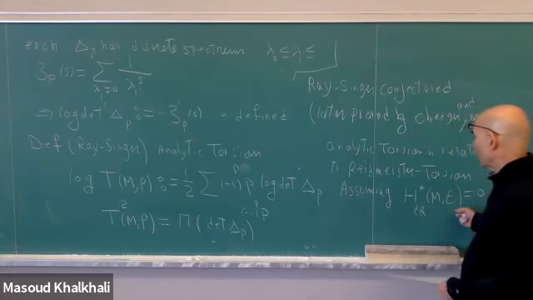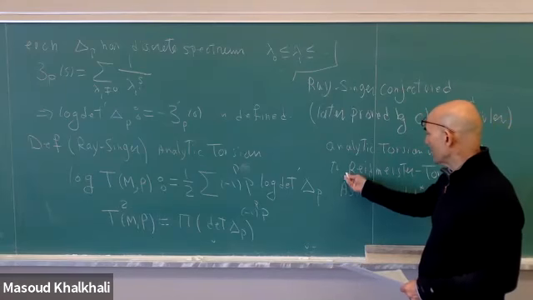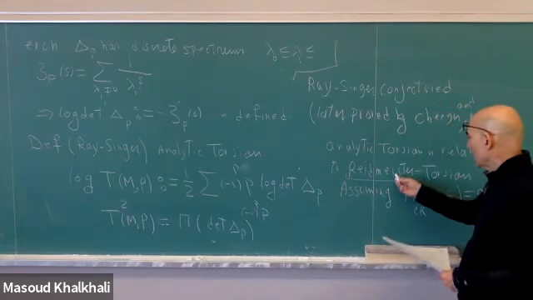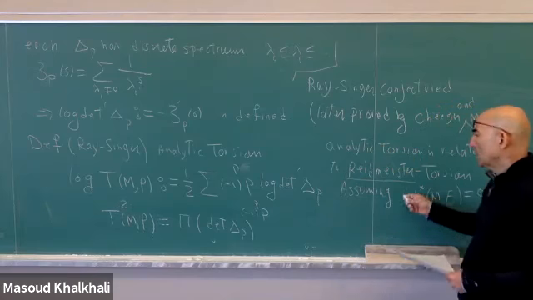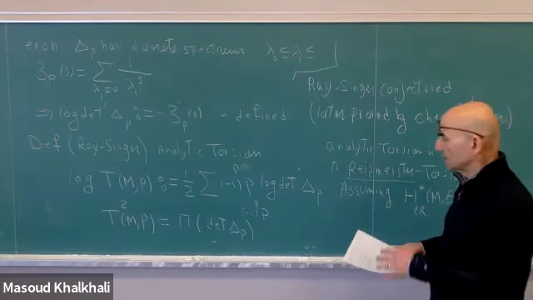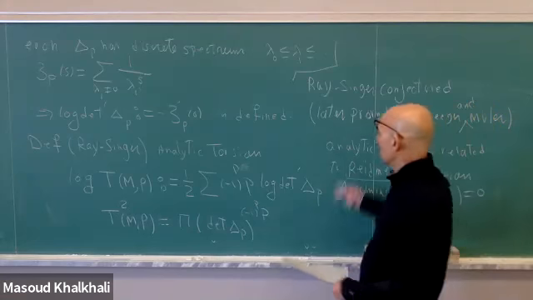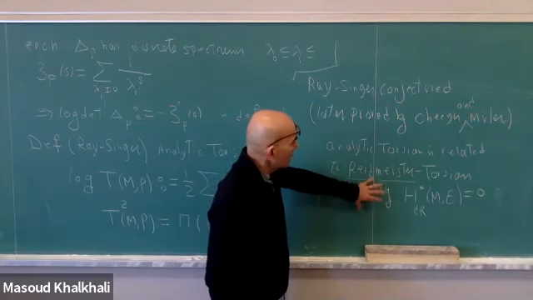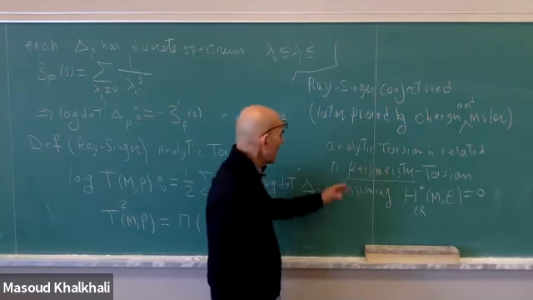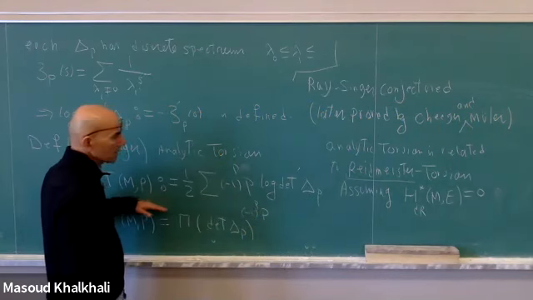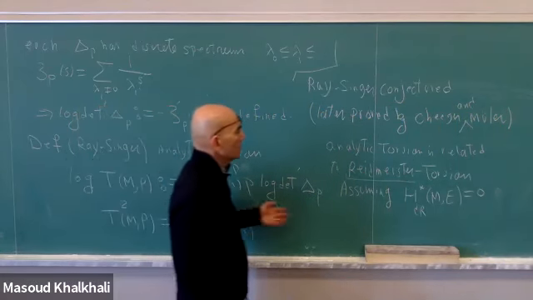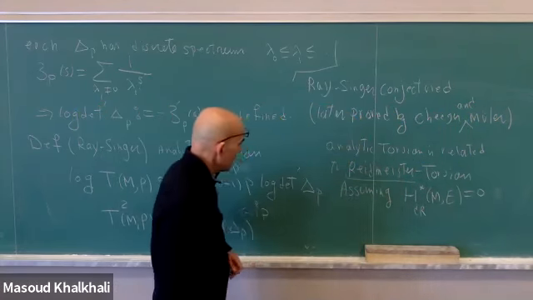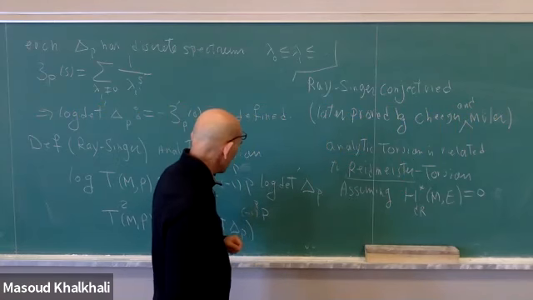Then there is this recipe of Reidemeister, actually Reidemeister and de Rham, but Reidemeister originally defined this. He assigns this cohomological invariant, a secondary invariant, to the manifold. Then, trying to find an analytic formula for Reidemeister torsion, they discovered this quantity and conjectured that they should be the same, based on some finite dimensional observation, which is true in infinite dimensions also.